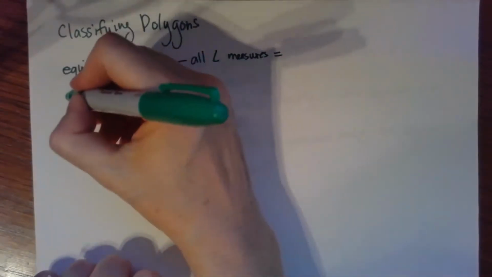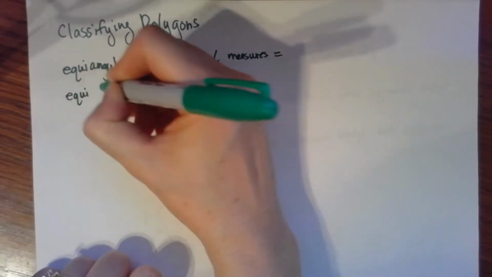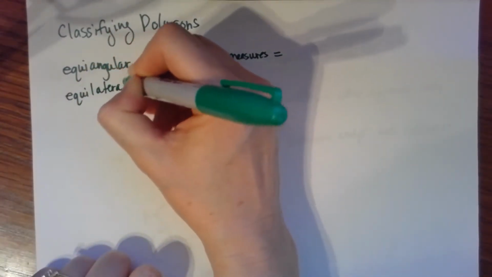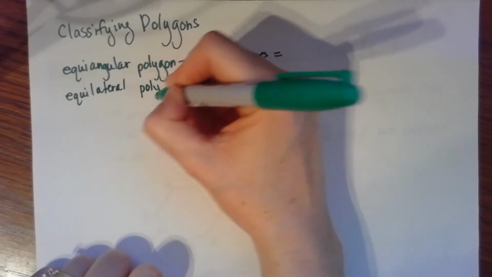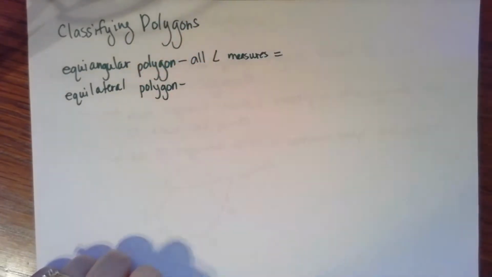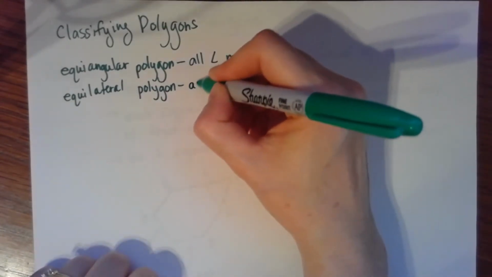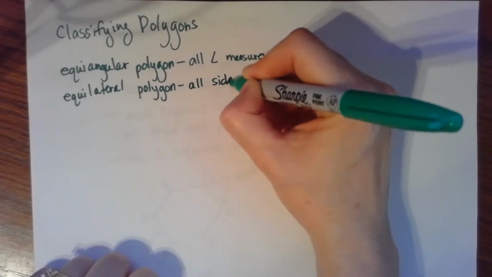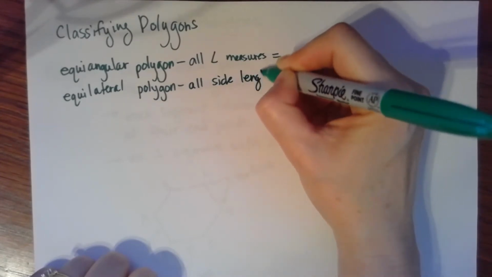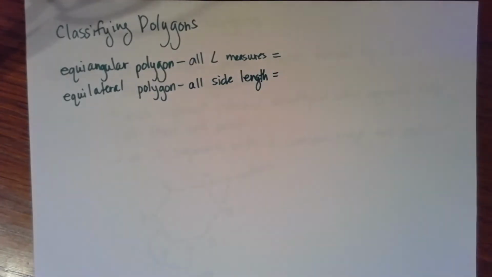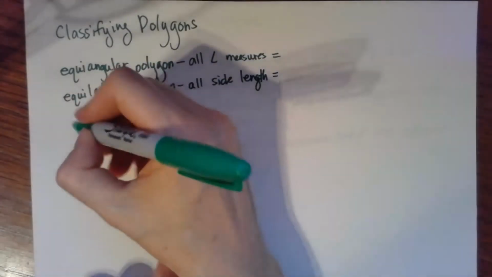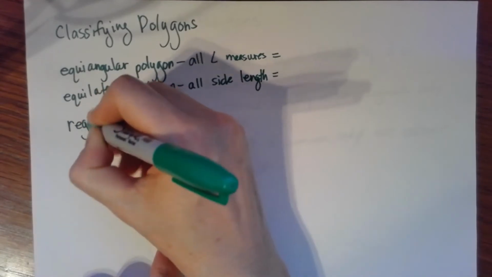Okay, we also have something called an equilateral polygon. And lateral means side, so as you can guess, all the side lengths are equal.